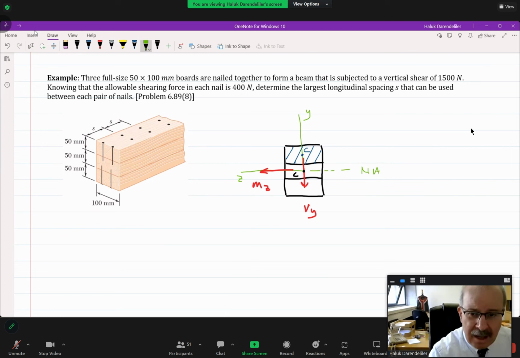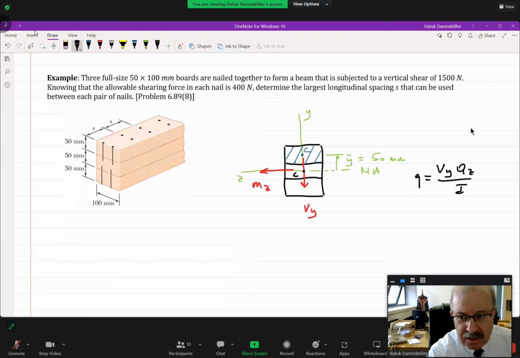And then I know that this distance is y bar, which is equal to 50 millimeters, right? Now, I am looking for the value of Q. I am looking for the shear flow, Q, which is Vy Qz over Iz. Now, let's first calculate it.